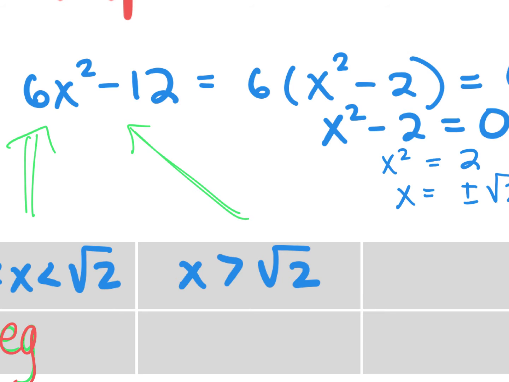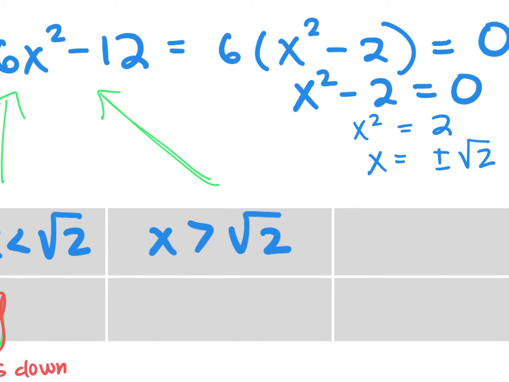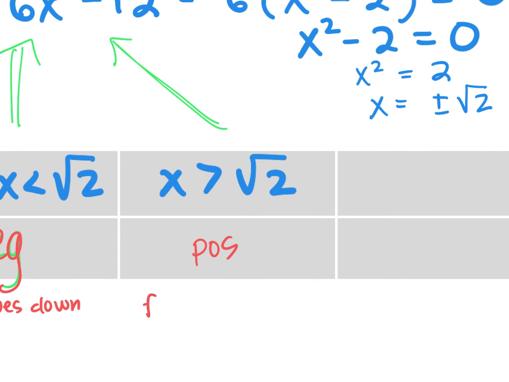And that's all I care about. He doesn't have to figure out the exact value. He just needs to figure out whether it's positive or negative. And this is going to be positive. That positive value means a positive slope, and a positive slope means the function goes up, or is increasing.